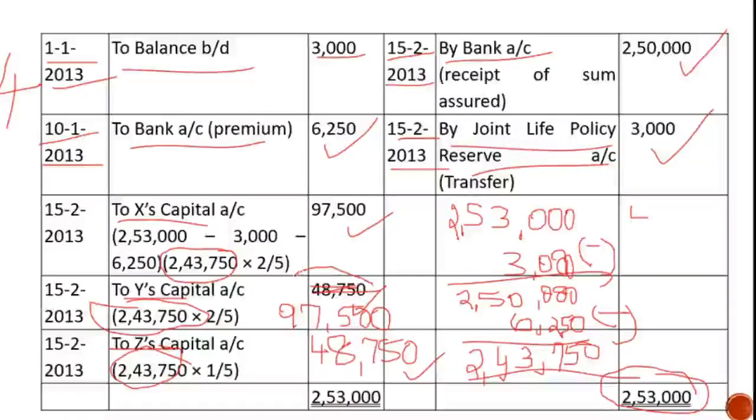This was wrongly entered as 48,750, so now it is proper. So it will be distributed in the old ratio among all the partners in their old profit sharing ratio. So this is the end of the first problem.